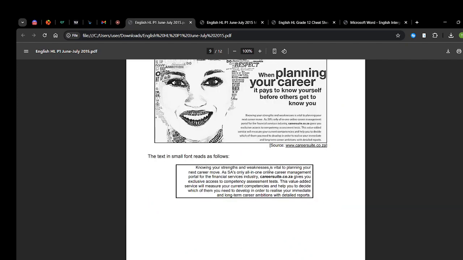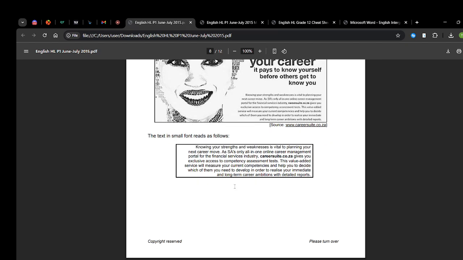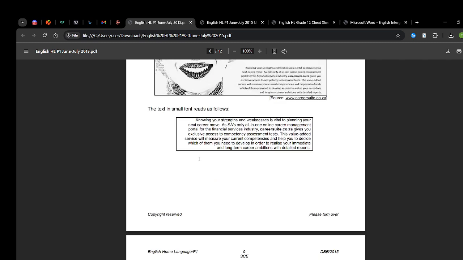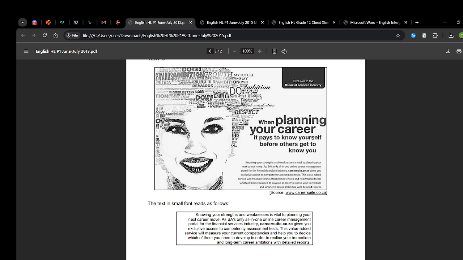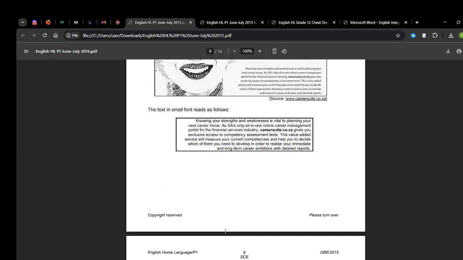So you can say the tone in this advertisement is convincing because the text uses convincing or persuasive words such as all-in-one online career management portal and words like exclusive. These words prove what you said, that this advertisement is convincing. It reassures the reader that the tone here is positive, it's optimistic, and any doubts they have will be dealt with. You understand? So that's where the 3 marks come from.